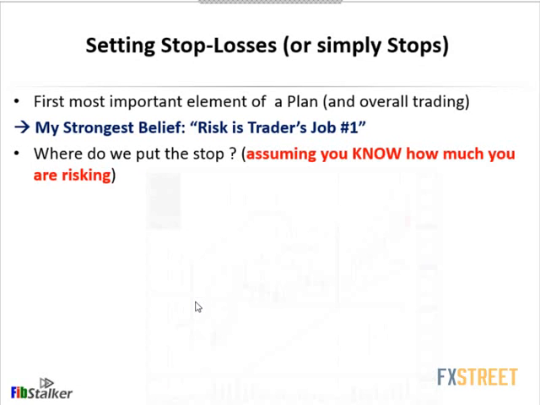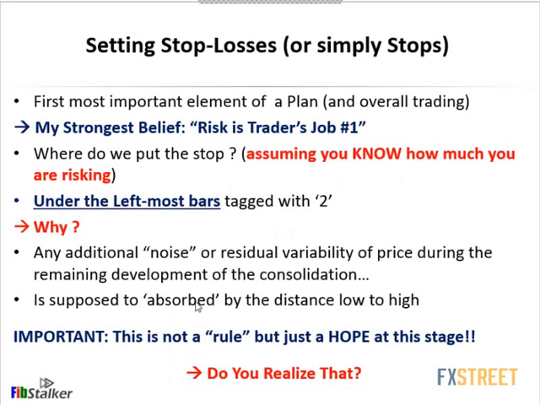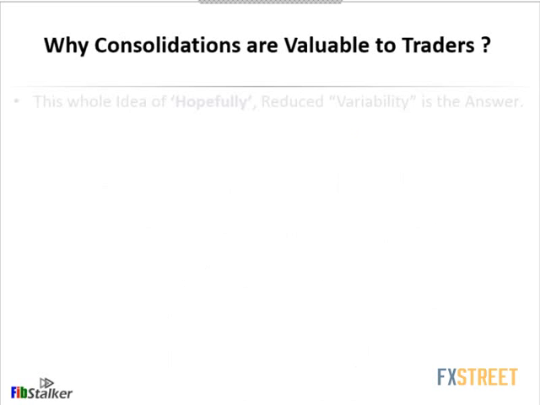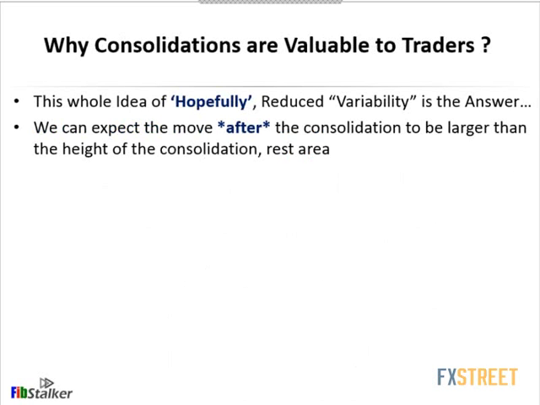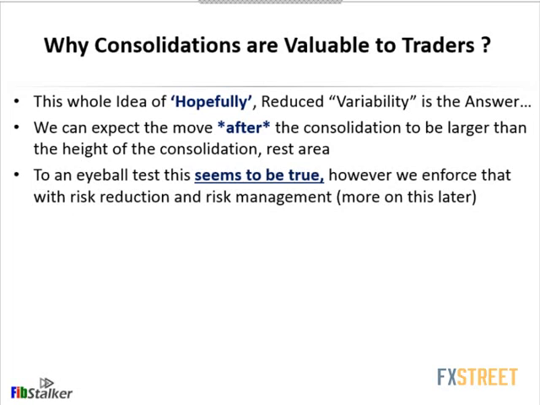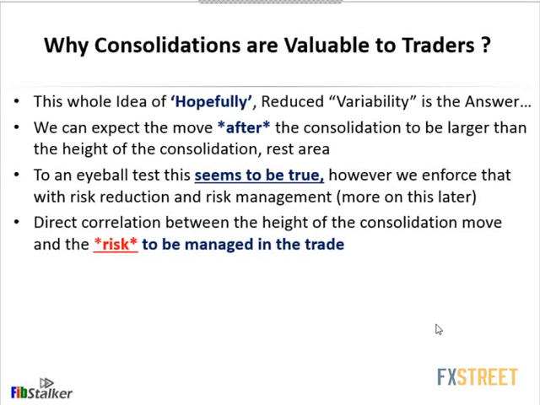And so far, all of this is qualitative. We will bring this into the quantitative realm so that we can actually use it and measure the edge we get. To enable testing, of course, this seems to be true, as I showed you in the previous example. However, we have to enforce that with risk reduction as well as risk management. More on this later on.